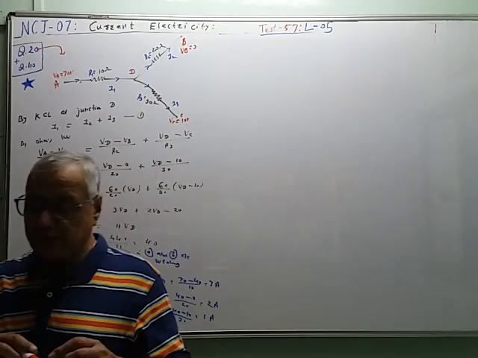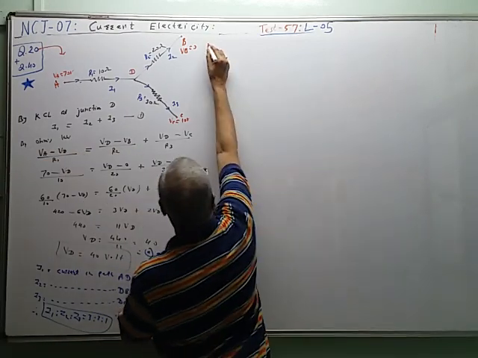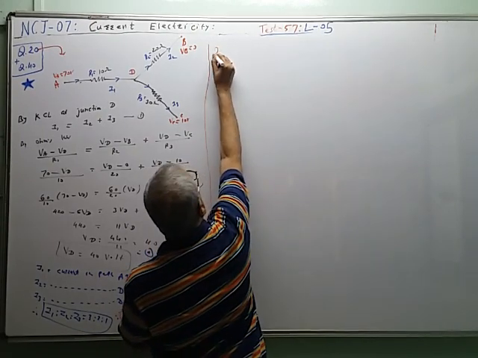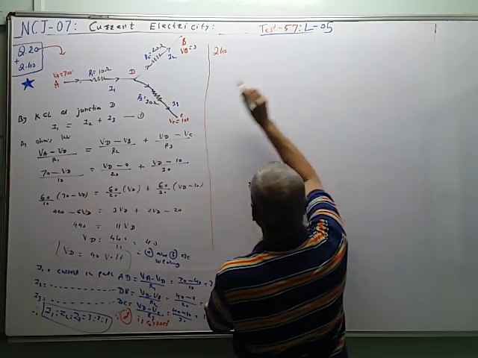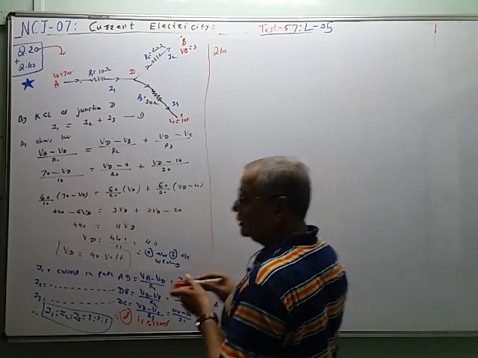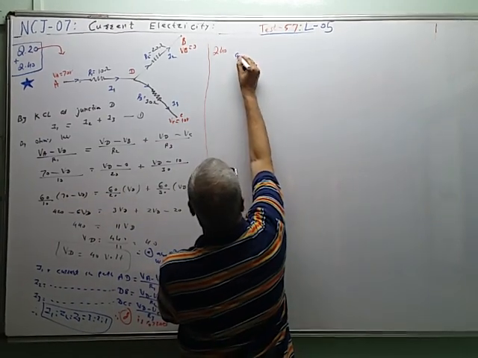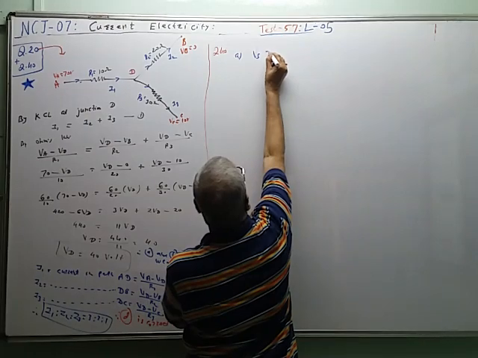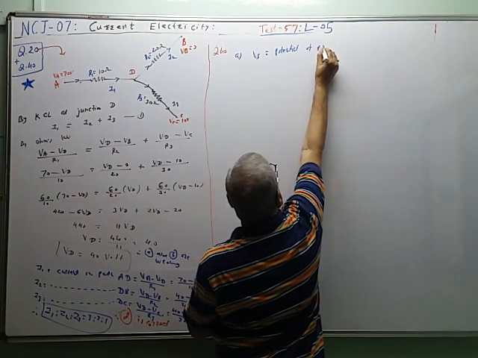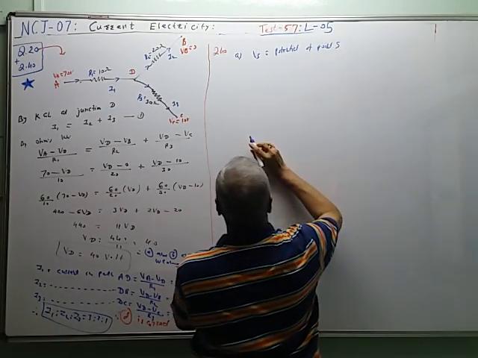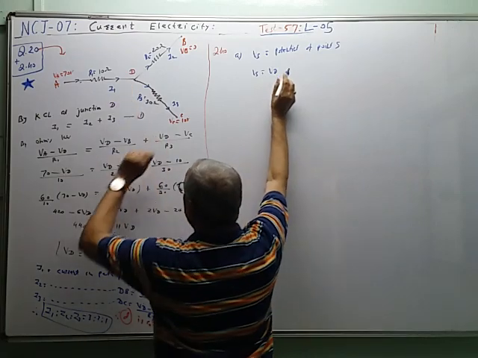So for question number 40, this quantity is denoted by S. Question number 40: same diagram, only this point is S. A part: VS, potential of point S. So VS is equal to VD.